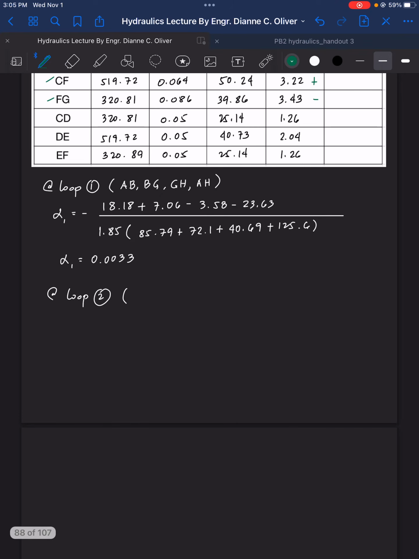So for loop number 2 is BC, CF, FG, and BG.